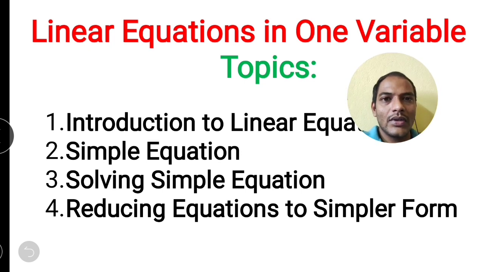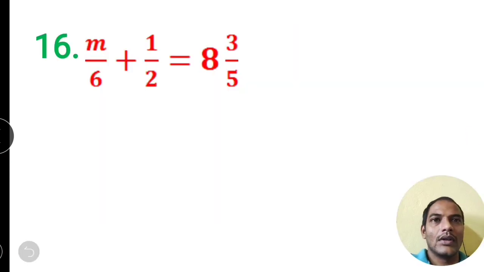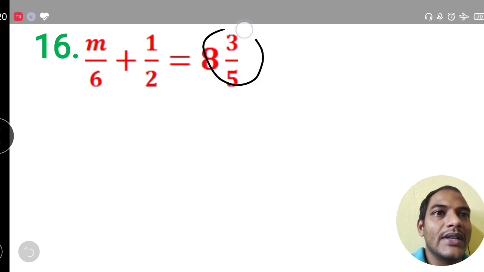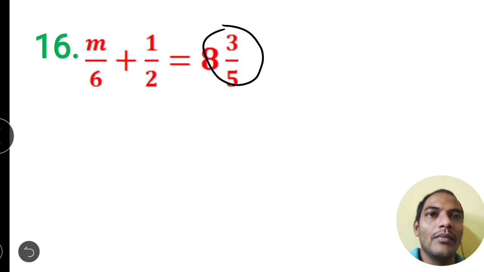So let us do the fourth topic revision now, reducing equation to simpler form. So 16th question: m by 6 plus 1 by 2 equals 8 whole 3 by 5. Here all are fractions, so that is why the topic is reducing equation to simpler form. First of all, I convert this mixed fraction into an improper fraction.